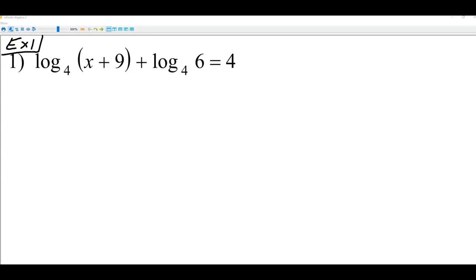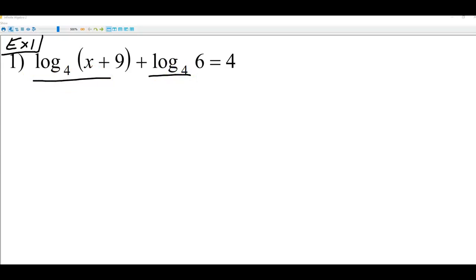See if you can identify what makes this equation different from the other ones we've seen so far. Maybe you noticed it: there are two logs being added together. So we're going to talk about how to handle that situation.